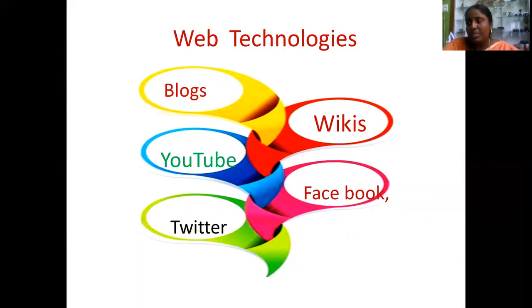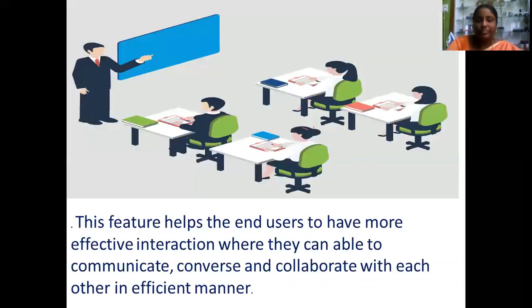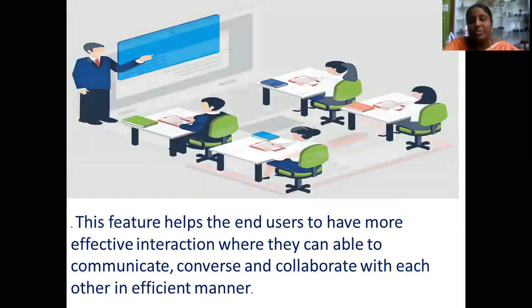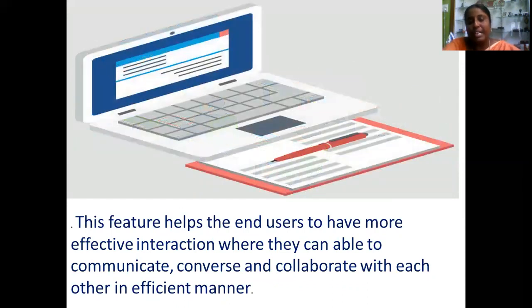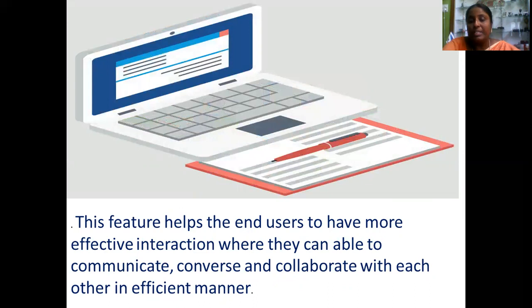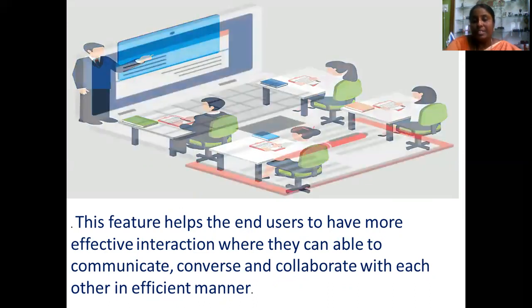The social network sites are dynamic and give future help to the learners. These features help the end user to have more effective interaction, where they can communicate, converse, and collaborate with each other in an efficient manner.